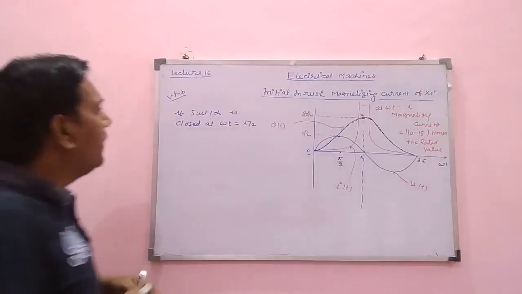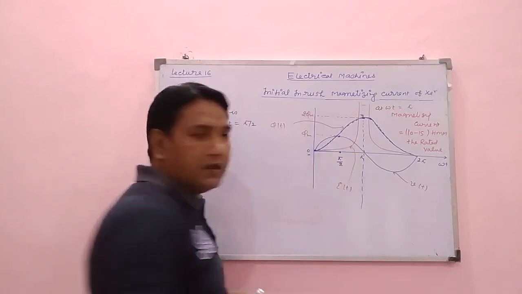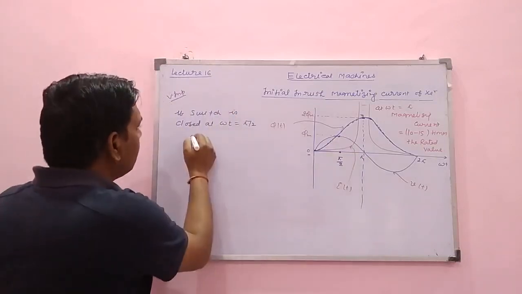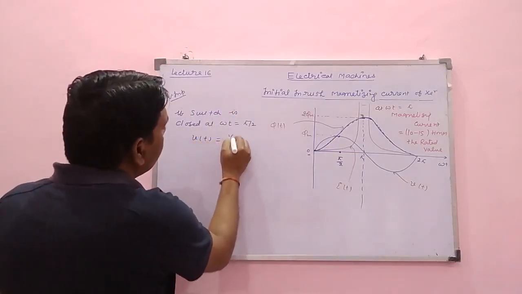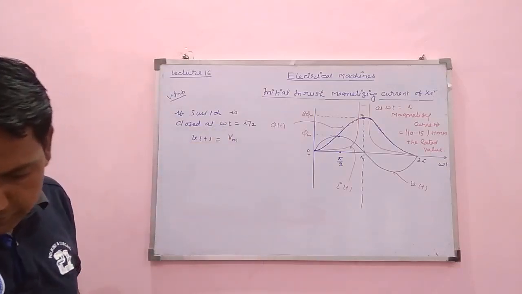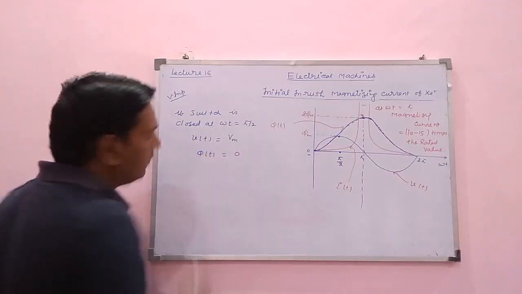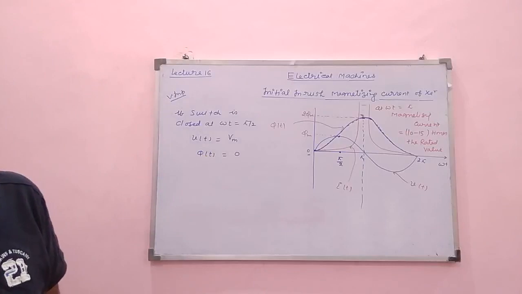So see here, at omega t is equal to pi by 2, the value attained by the voltage is maximum. Means v of t is maximum. Okay. So at that time, the value of flux is phi t is equal to 0.